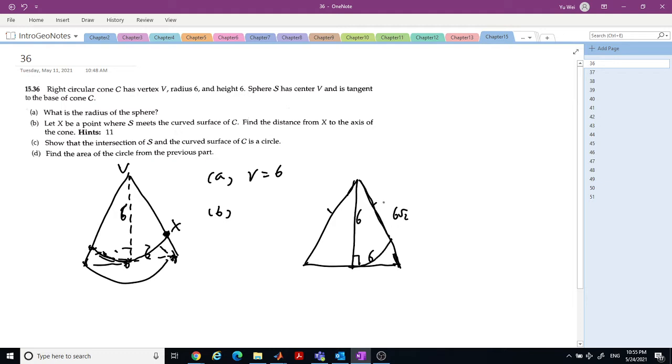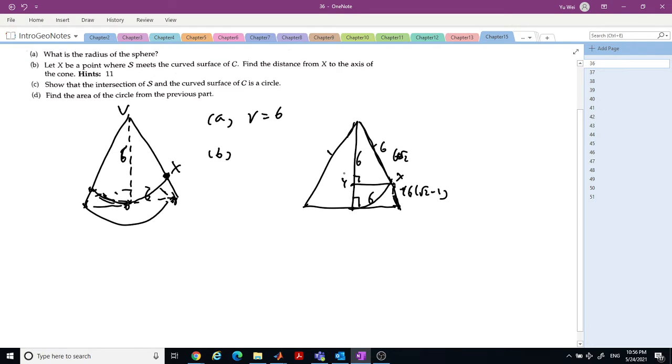So this length is 6, and this length will be 6 root 2 minus 6, and so this is the X, this is the Y, right?